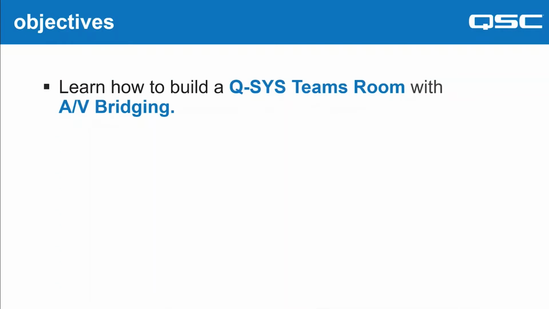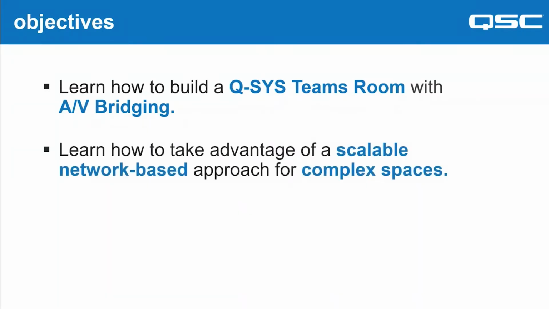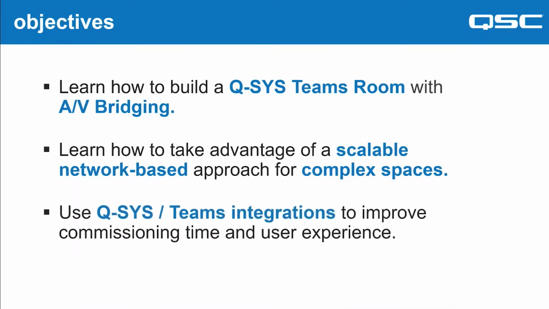Also looking at how we can give Teams a network-based AV system rather than a USB-based one, so we can make it much more scalable. And then looking at Teams Qsys integrations beyond just basic certification to improve commissioning time, but also improve the user experience and make it a really nice space to work with for the end user.